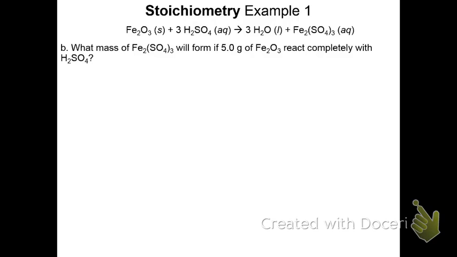So to summarize everything that we've just done, we found that we need 0.19 liters of sulfuric acid to react with 5 grams of iron oxide.